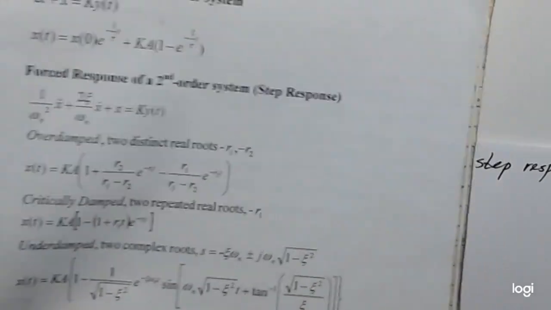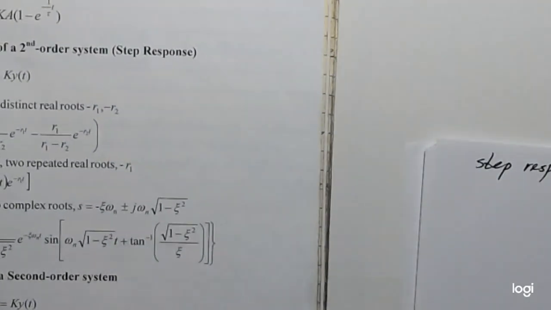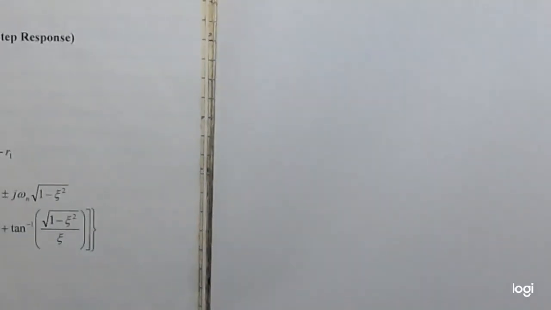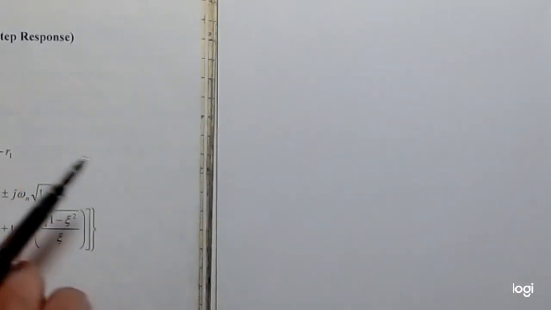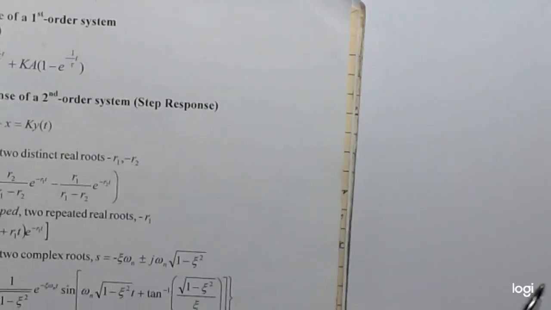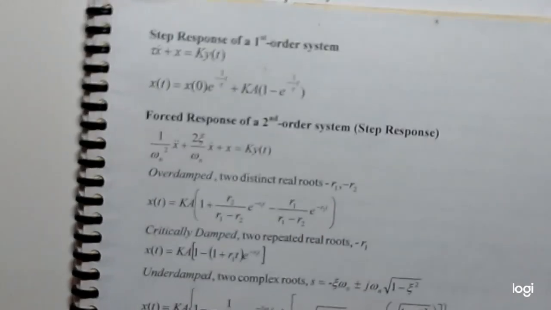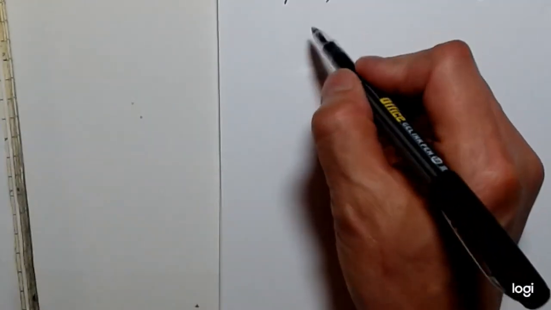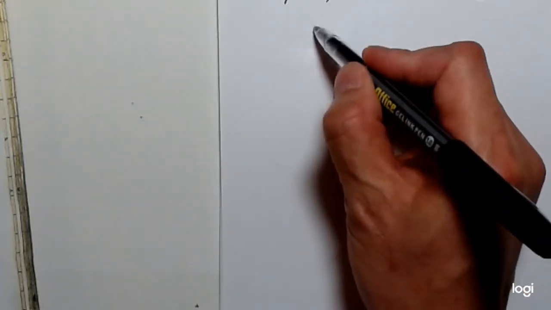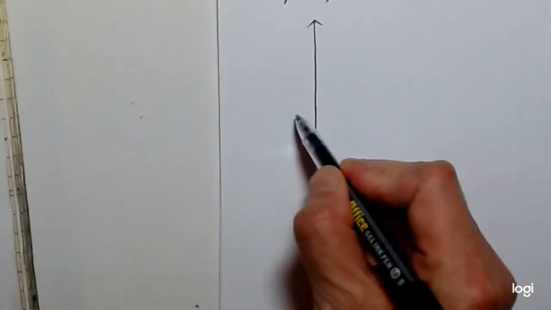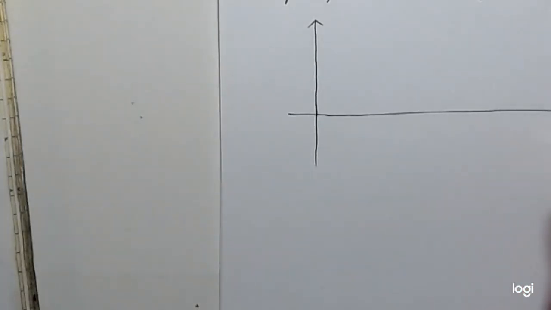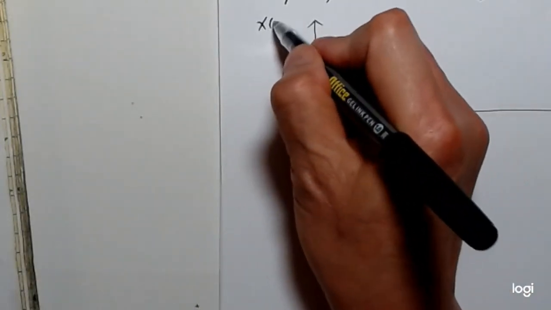Okay, so I won't worry too much about the equations because these formulas will be given, but let's look at the shape of the response curve in terms of time for these equations. Three different cases here. So if I plot it, time t, x of t.